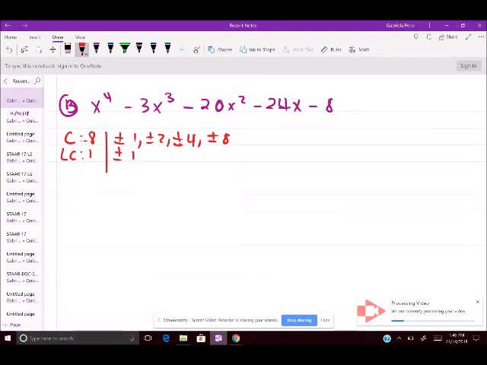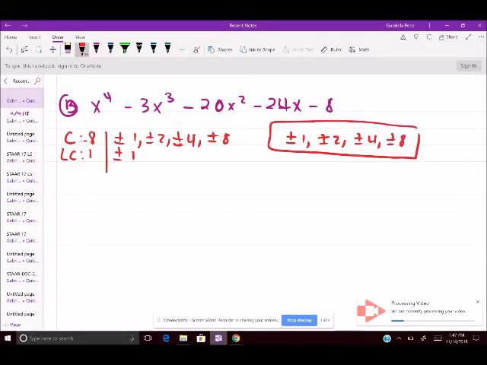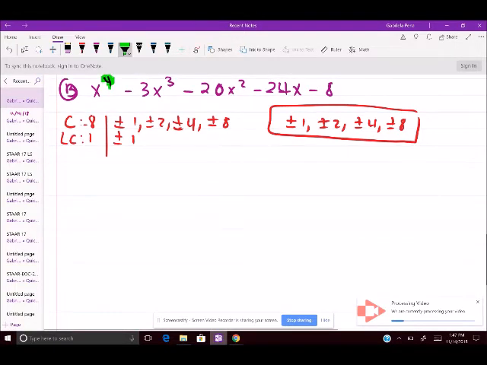So who are all my possible zeros? 1, 2, 4, 8. Right? So the good thing is we don't have fractions. Yay. So these are all my possible zeros. Now, how many zeros are there for this equation? 4, because that is your degree, right? The big degree.